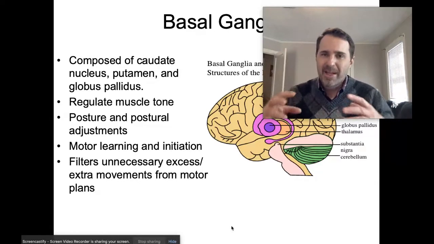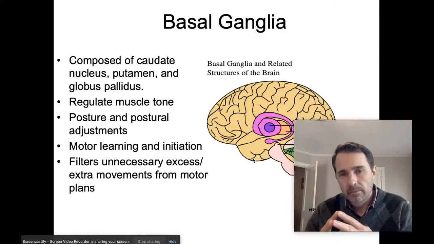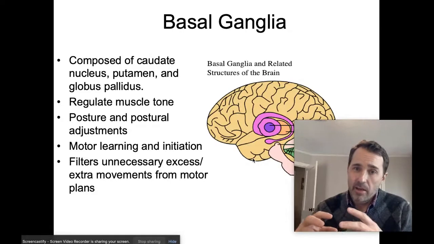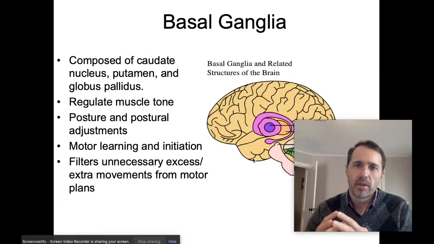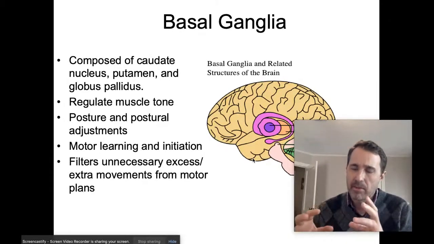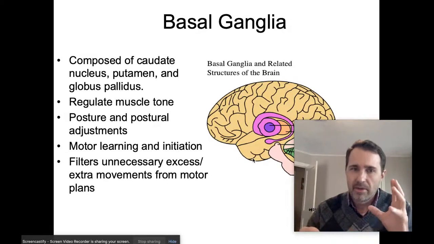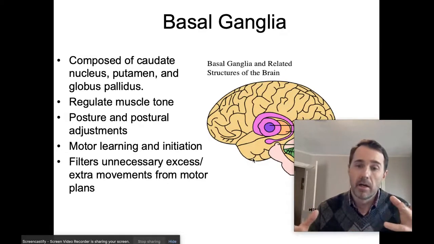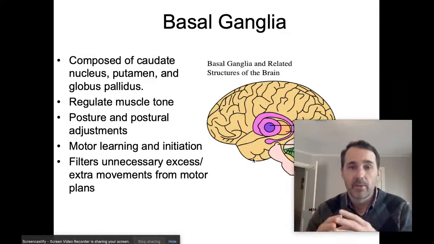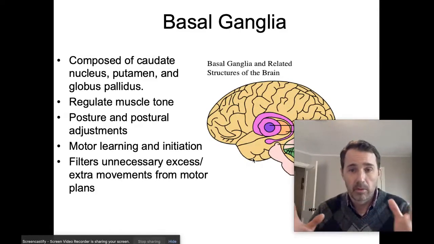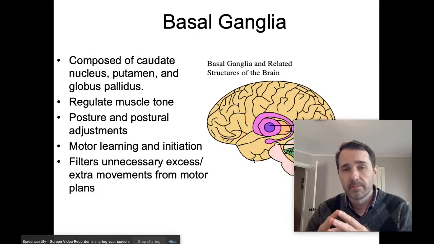So the basal ganglia. There's a group of structures deep within the brain that are called the basal ganglia. You have a right basal ganglion and a left basal ganglion. Plural, it's basal ganglia.